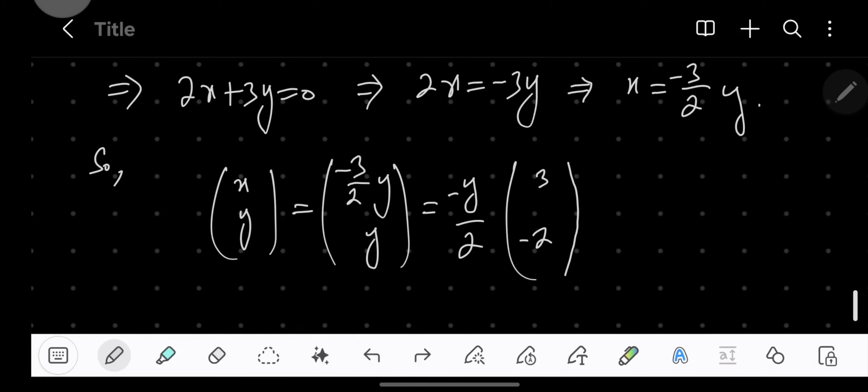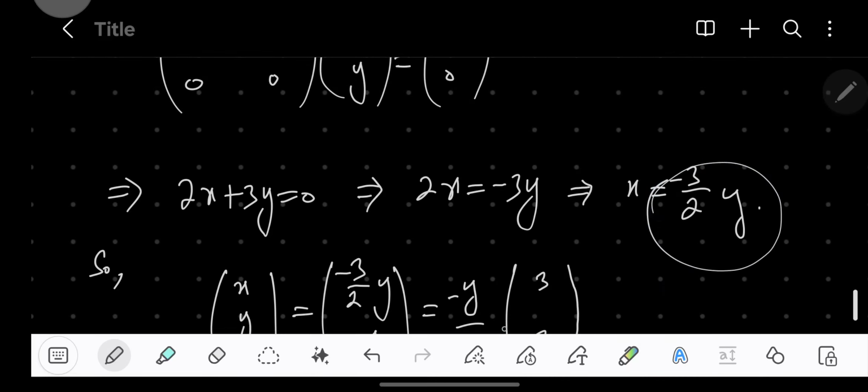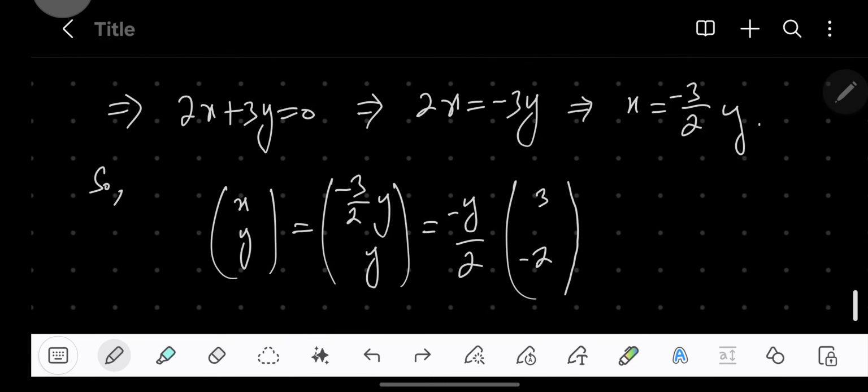Now, what is the eigenvector? That is x comma y. Put the value of x that we have already found. So if I put the value of x, then I can take minus y by 2 as a common factor. Since negative y by 2 is common, here we are left with 3.